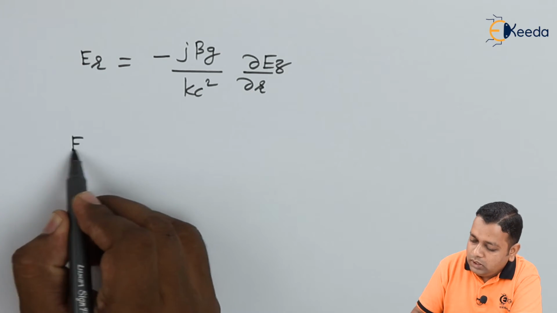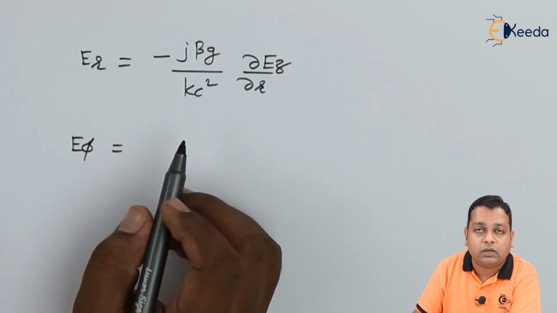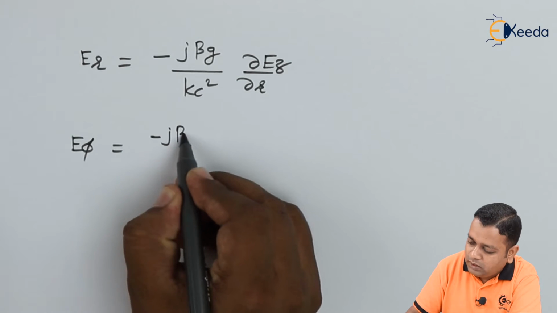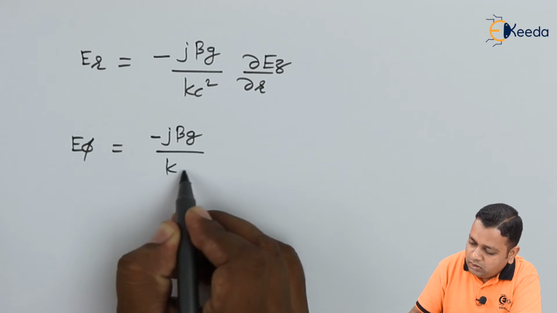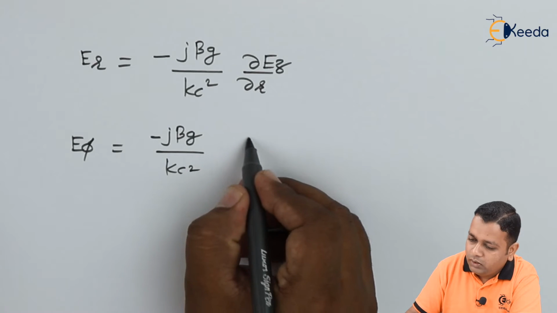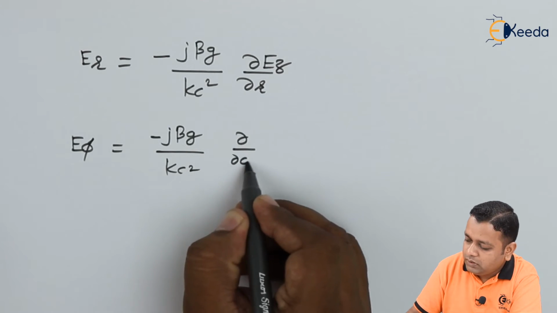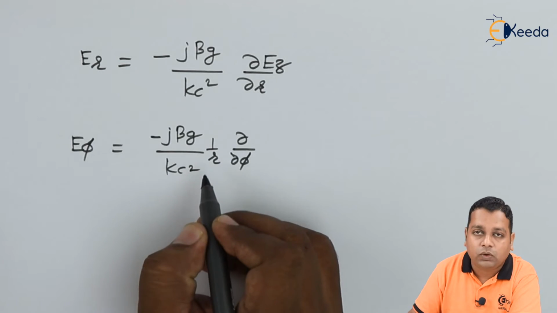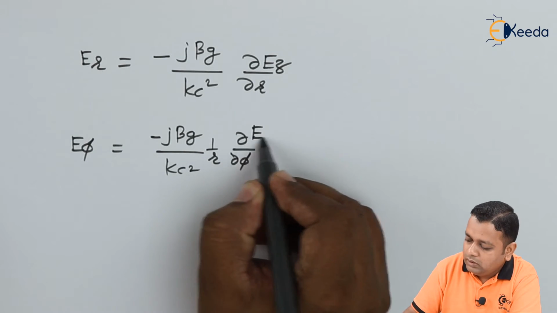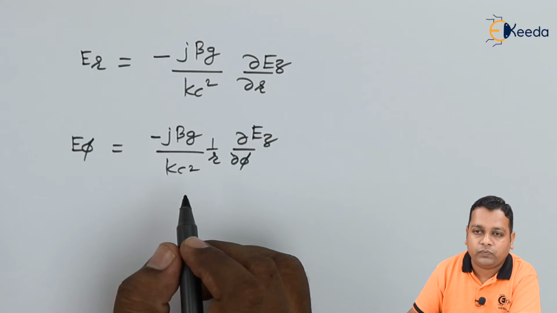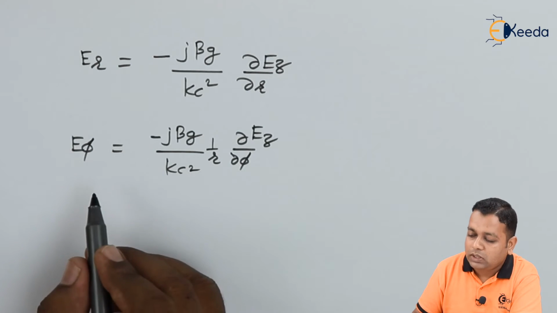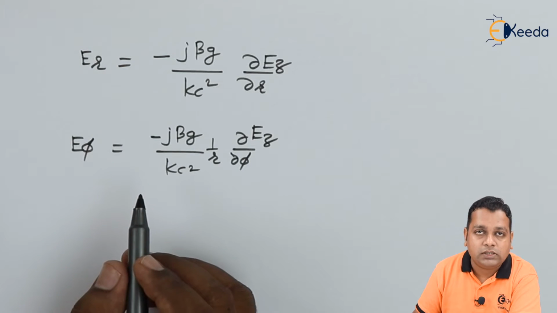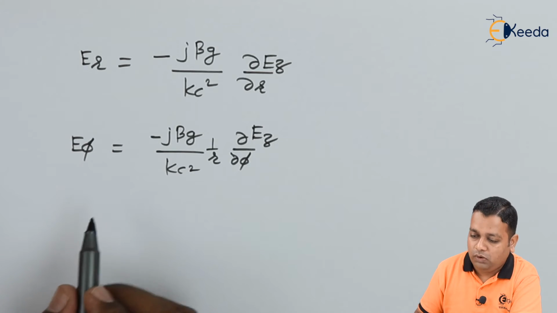Next component, E phi, can be expressed in terms of Ez as we have minus j times beta suffix g divided by kc square here. We have the partial differentiation with respect to phi also in multiplication to 1 by r for the Ez component again. So we have the Ez equation as before represented for the Helmholtz condition and the solution form here.